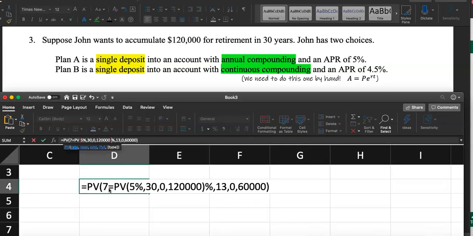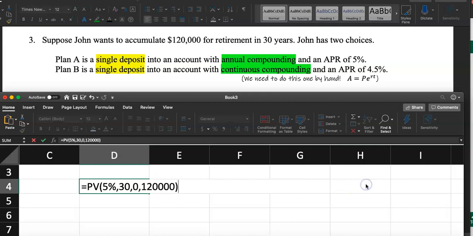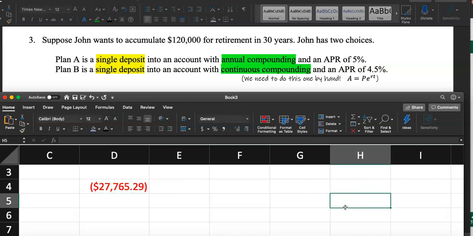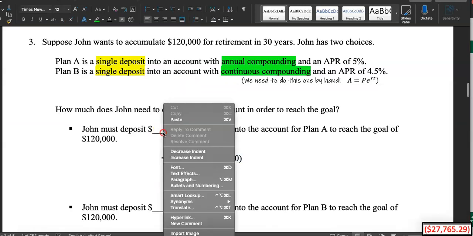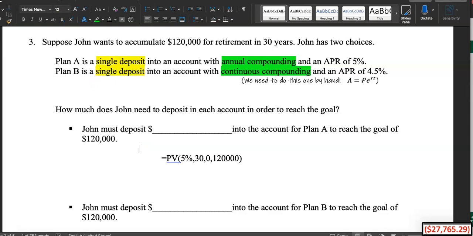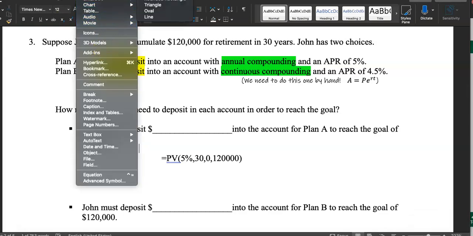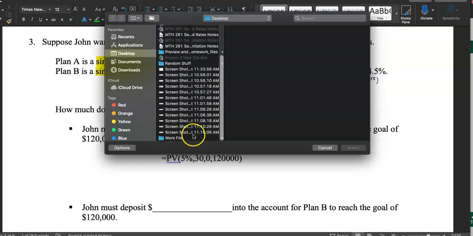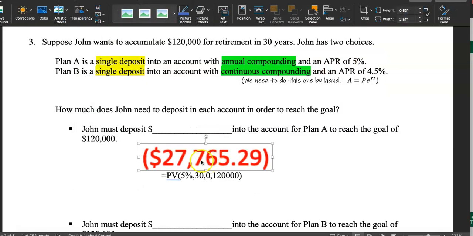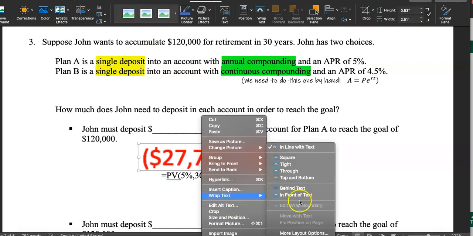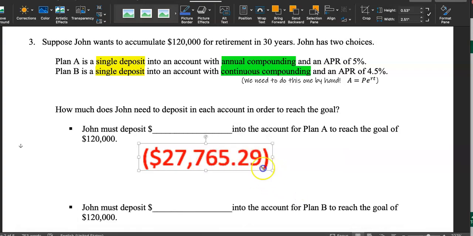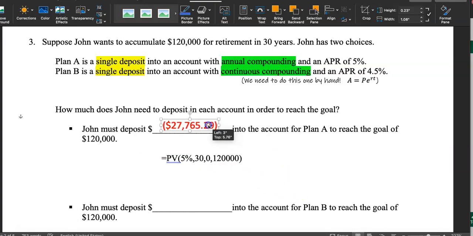All right, let me go to my Excel and type that in. I just copied it. Oopsies. John will need to deposit $27,765.29. I got the answer. Let me copy this over here. Alrighty, I'll do text wrap so that I can put this beautiful answer in this blank.